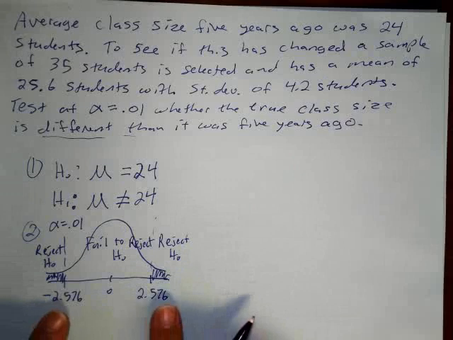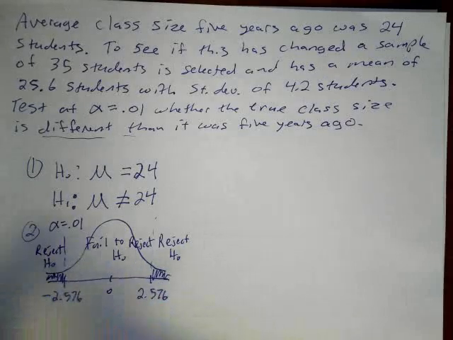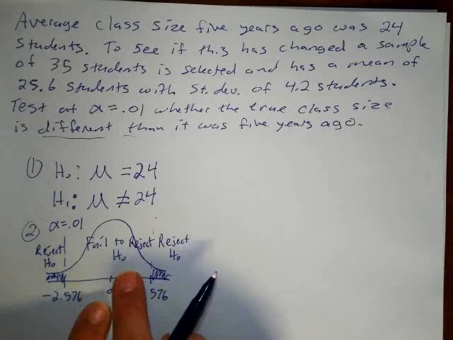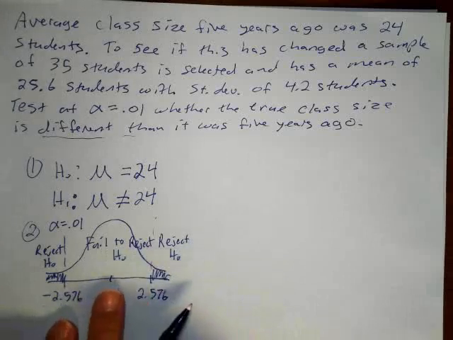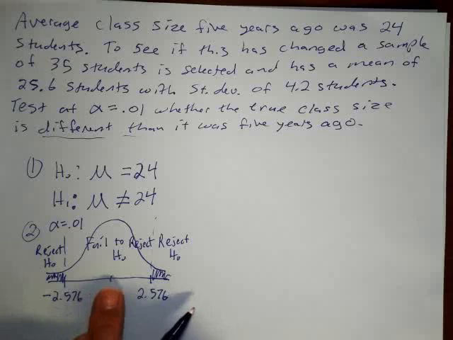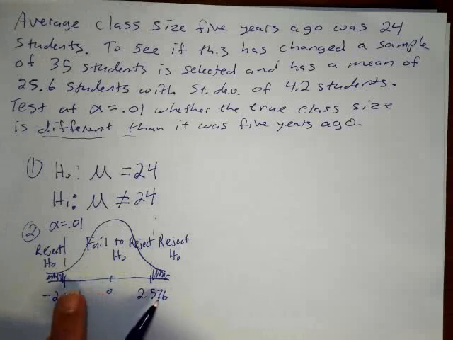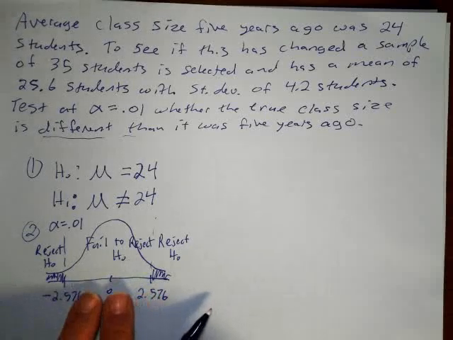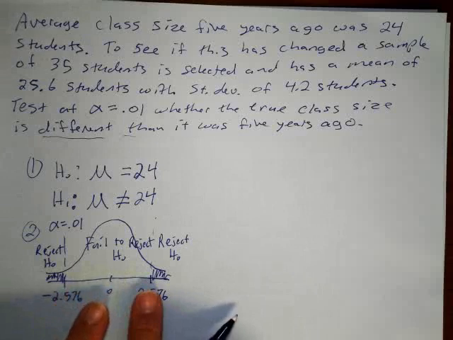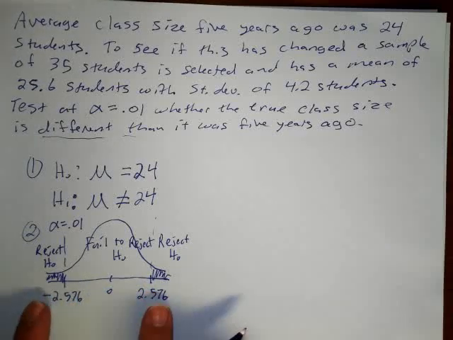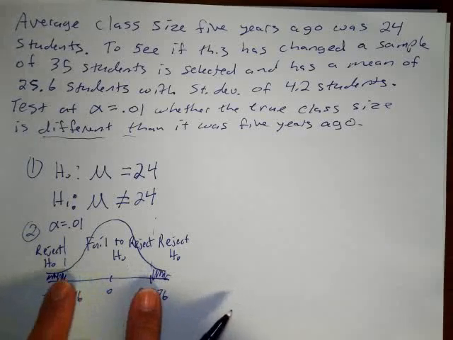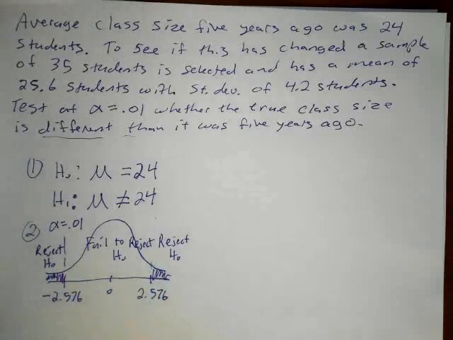Okay? So one way of thinking about this is if the true mean was equal to the hypothesized mean, you would expect the test statistic to be very small, close to 0. So the closer it is to 0, the less evidence you have to reject H naught. But the further out it lies, the more evidence you have to reject H naught. And in this case, it could lie out either way, and then these are kind of your criteria. Once you pass those into either tail, then you have enough evidence to reject H naught.